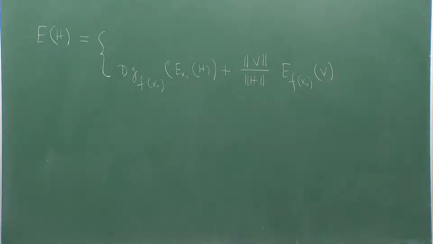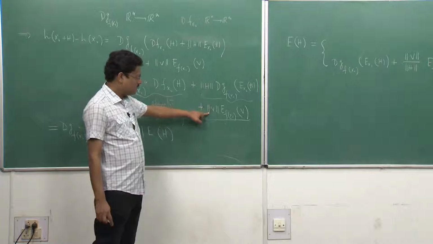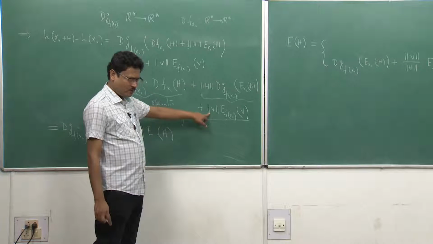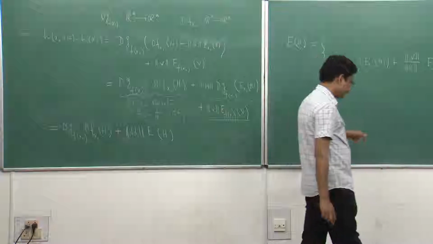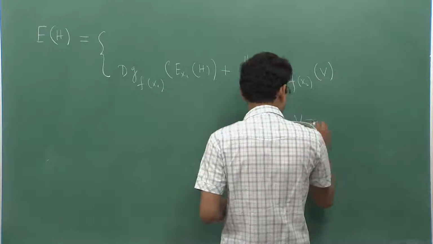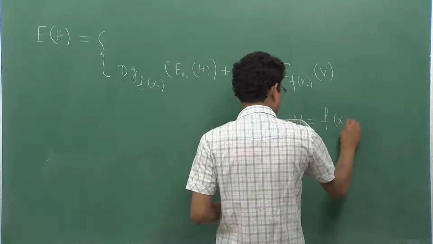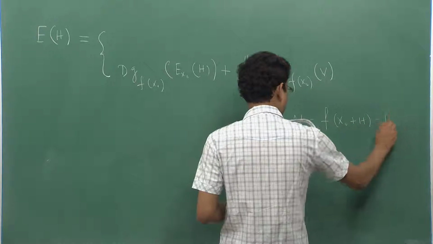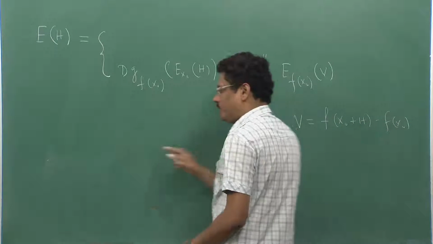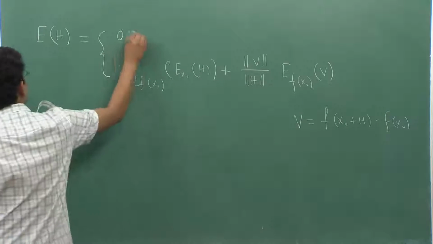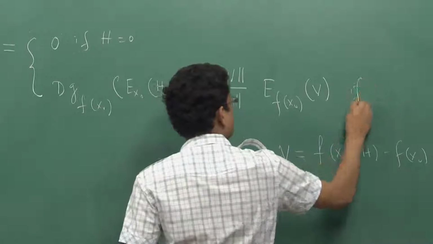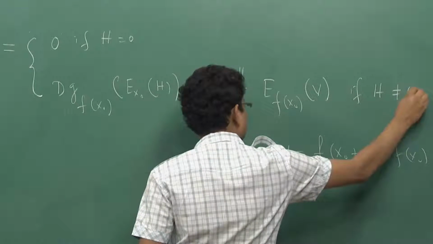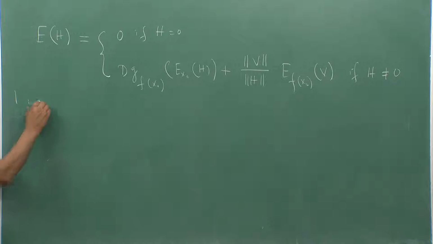But what will happen if h is 0? This term is 0, because norm V is 0, since recall what V is. So h is 0, V is also 0, so this is 0 if h equals 0, and this is as written if h is not equal to 0. Convince yourself what I have written is correct.